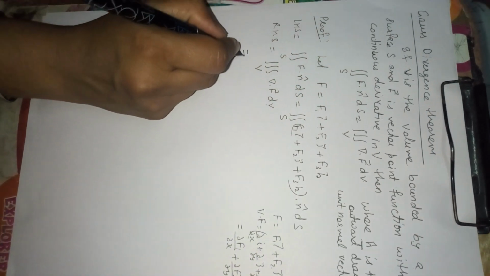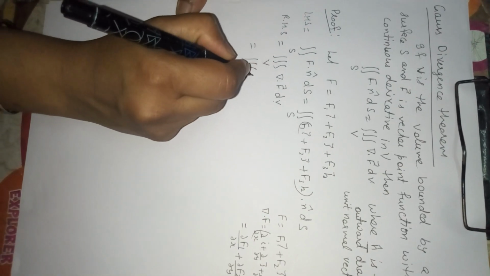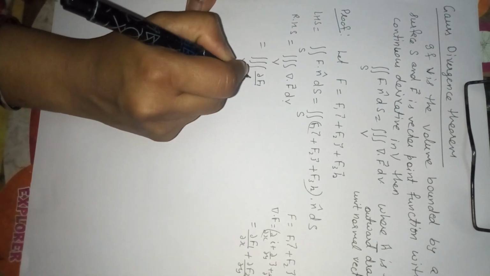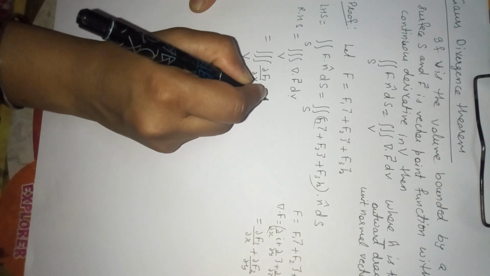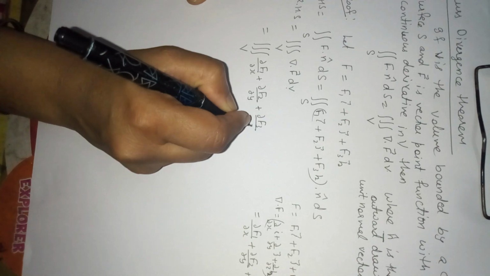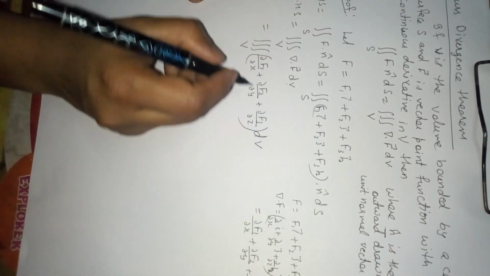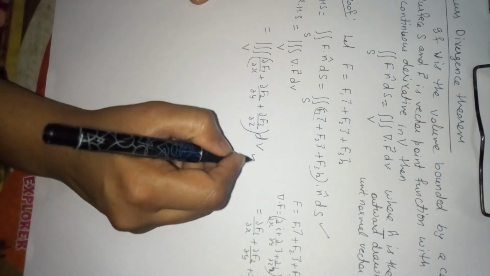So the right hand side is equal to the triple integral over the volume of (del F1/del x plus del F2/del y plus del F3/del z) dV. We have to prove the left hand side is equal to the right hand side.